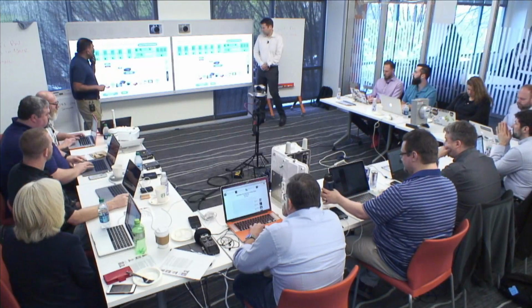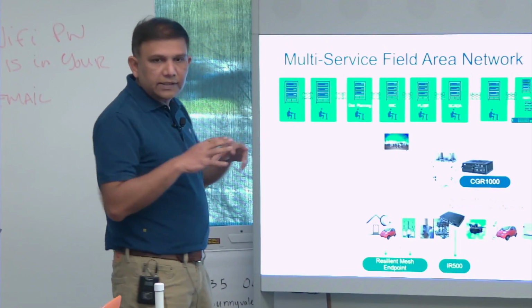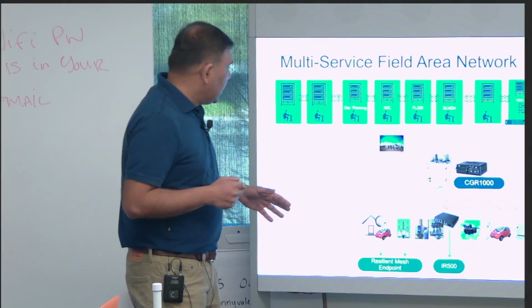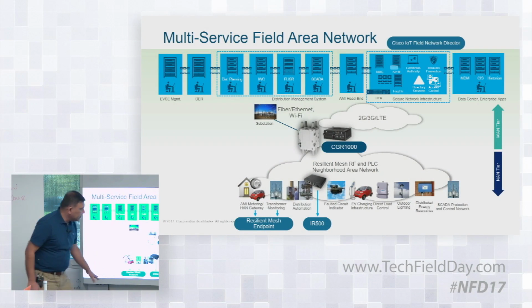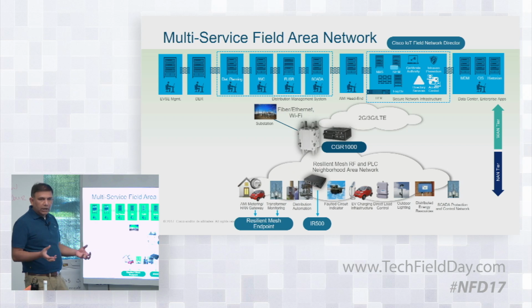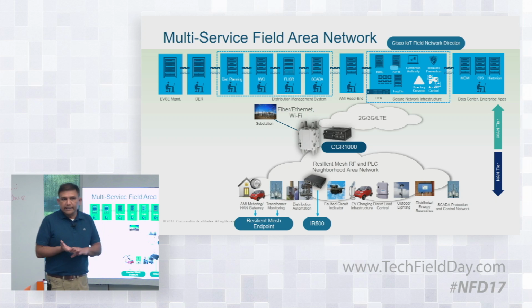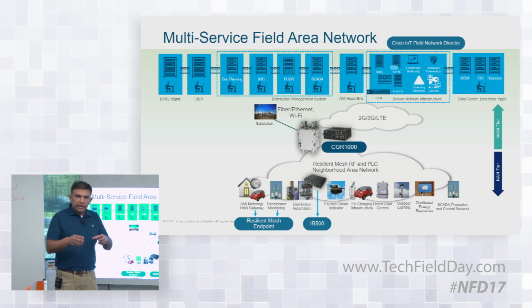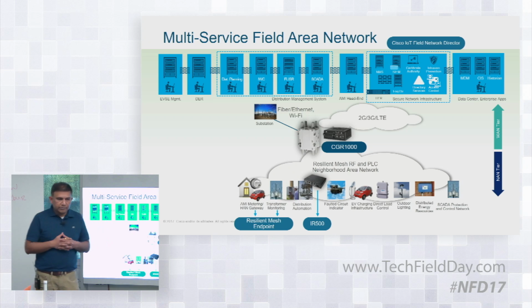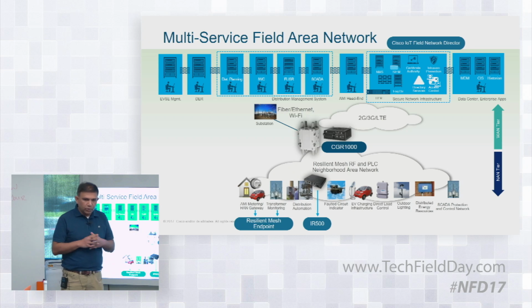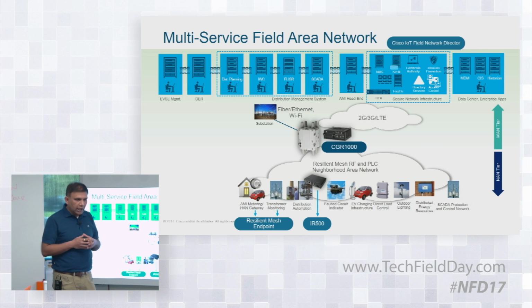Okay, so this just gives you the various components of the mesh, right? So I'll start from the bottom layer, which is the endpoints. What Cisco does is we have something called the resilient mesh endpoint. Cisco provides a hardware reference design, which includes the radio component and other components for the hardware module, including the BOM.